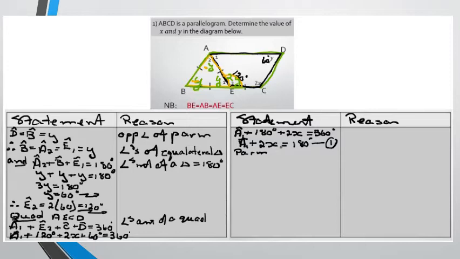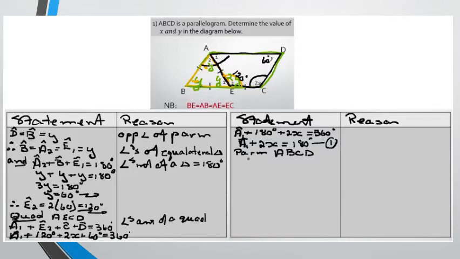So let's first say parallelogram A, B, C, D. In a parallelogram, I know that the opposite angles must be the same. That means that that angle there and that angle there have to be the same. That's the one I'm going to be interested in now.